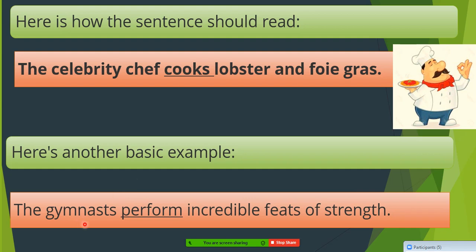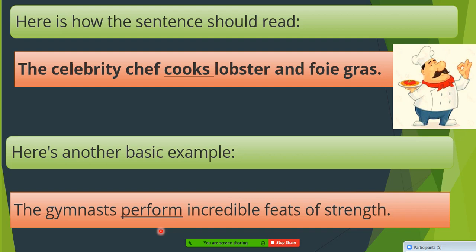This is another basic example. Look at this. Okay, Yusuf, Isaac, can you read it? You can keep your mics on as long as you don't have noise around you. Okay, Nagham, can you read it?